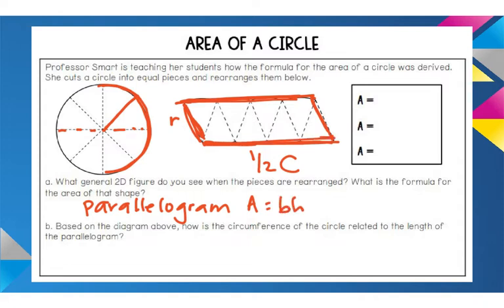Okay, so based on the diagram above, how is the circumference of the circle related to the length of the parallelogram? Well, again, I kind of brought that up before, but the length of the base, and I'm going to kind of shorten the notes here, length of the base is equal to half of the circumference.